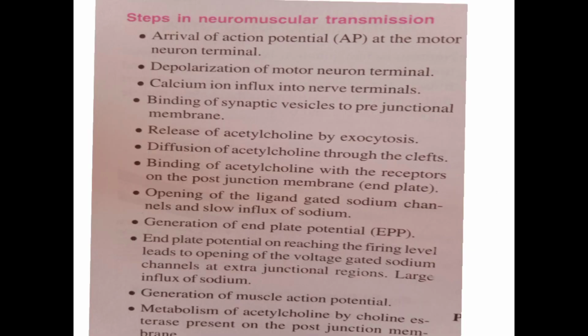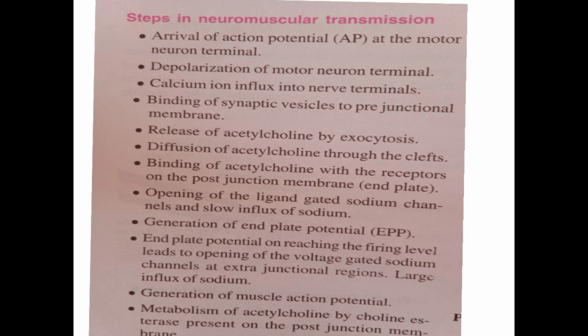Next comes steps in neuromuscular transmission. When the action potential arrives at the motor nerve terminal, the motor nerve fiber receives the stimulus and produces an action potential.